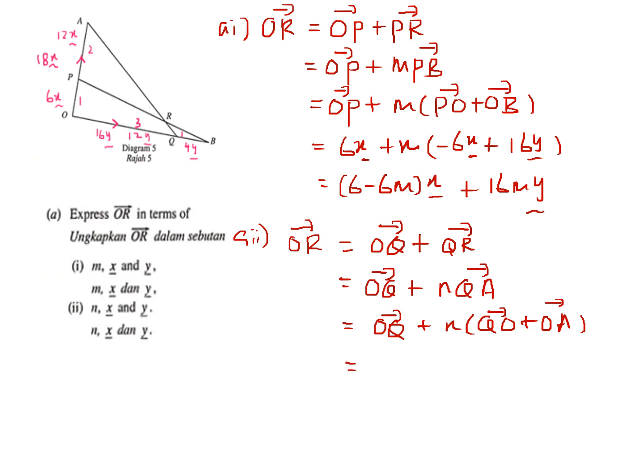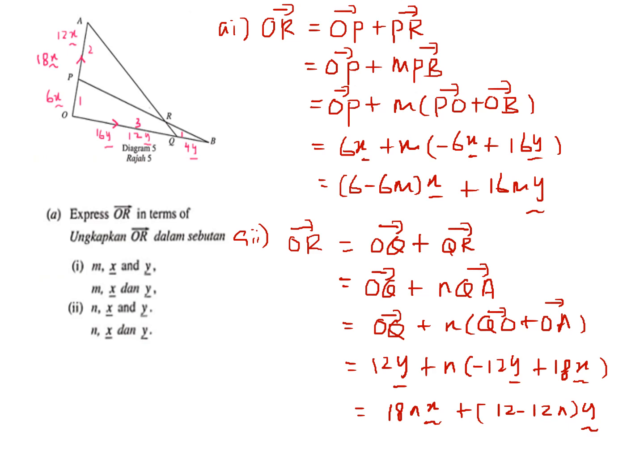Vector OQ is 12 vector y plus n times QO, which is opposite in direction to vector OQ, that is negative 12y, plus OA, which is 18x. Simplify the terms, we will obtain 18n vector x plus 12 minus 12n vector y.